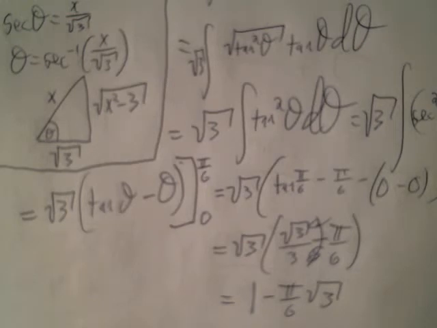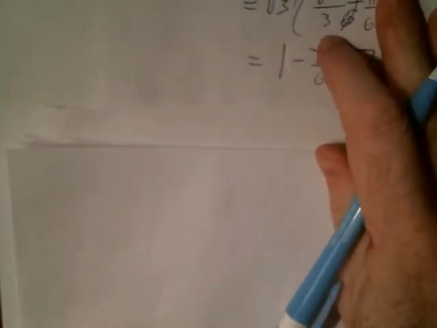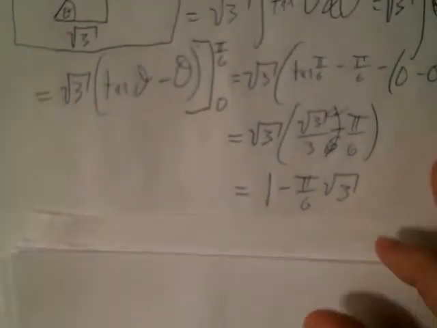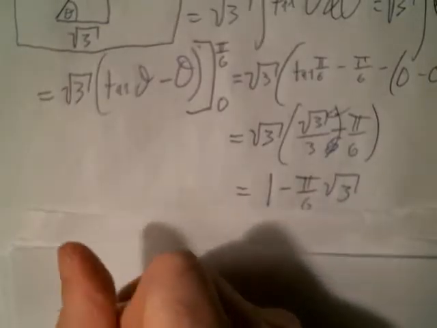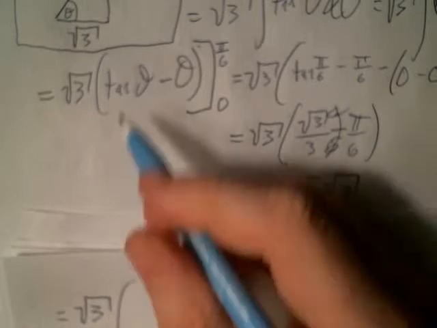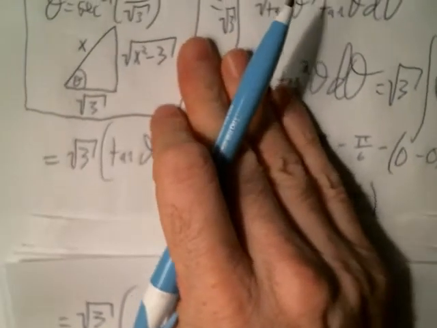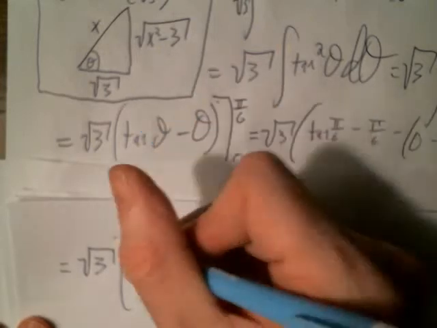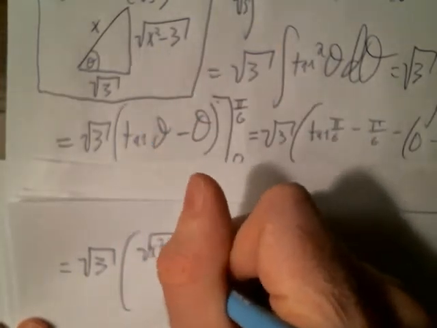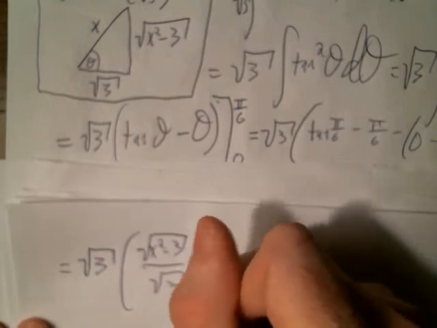Okay, you could do it the other way. The book will go through that for you. I can go through it real quick, I guess. So the other way would be, instead of changing the bounds, use the triangle to change back, right? So it'd have square root 3 times tan of theta using this triangle. Tan is opposite over adjacent, so you'd have radical x squared minus 3 over root 3.